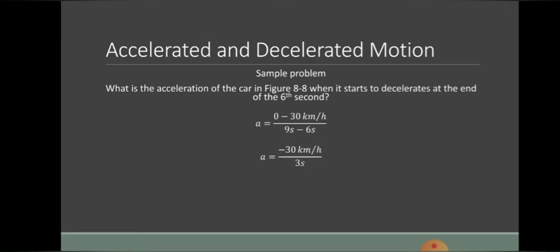So acceleration equals negative 30 km per hour, divided by 3 seconds, since 9 minus 6 is 3. It is negative because it is 0 minus 30. You keep the negative sign because what you subtracted is bigger than what you subtracted from. Therefore, negative 30 divided by 3 is negative 10 kilometers per hour per second. In deceleration, since we are stopping, that is why it is indicated by the minus sign.